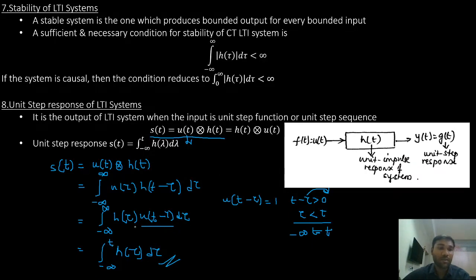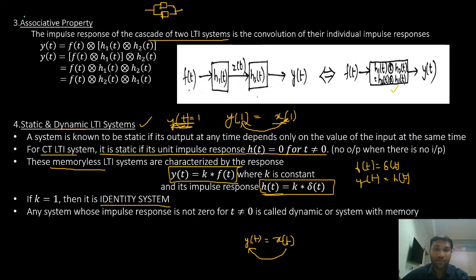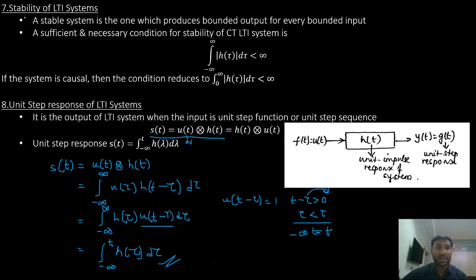So this is my formula for step response. To find the step response also, all I need is impulse response. If I have the impulse response, I can find the step response. So basically if you look at all the properties, if you know the impulse response, you can find the stability, the invertibility, causality, and all other properties, whether the system is associative, whether it is static or dynamic.